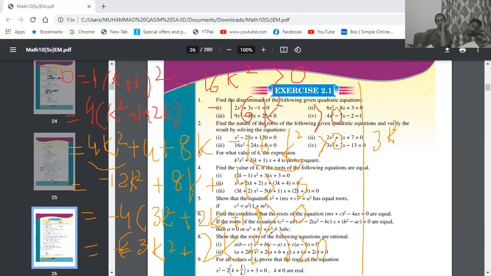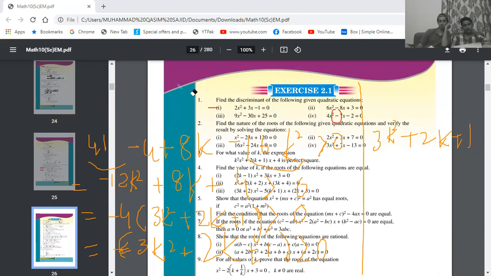Is there any possibility? If there are no factors, we have to use the quadratic equation to find the roots of k.